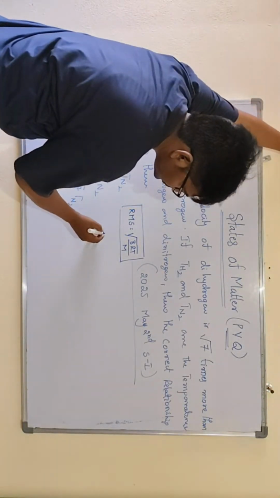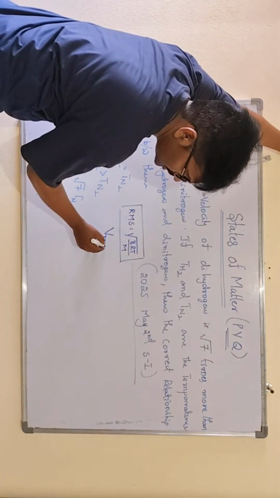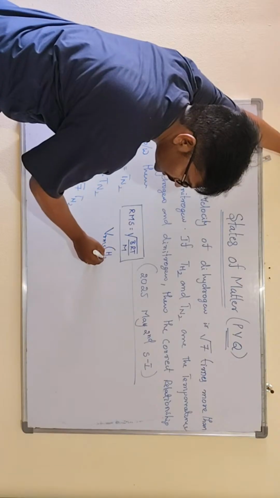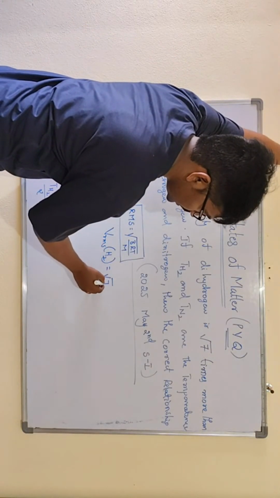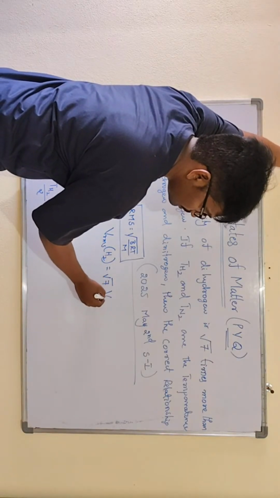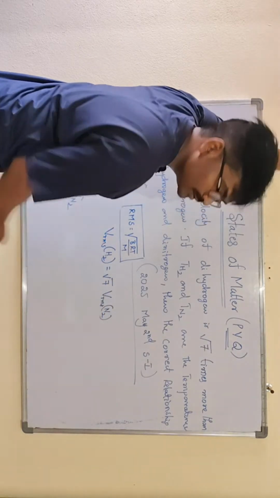So the RMS velocity of dihydrogen equals square root of 7 times the RMS velocity of dinitrogen, as given.